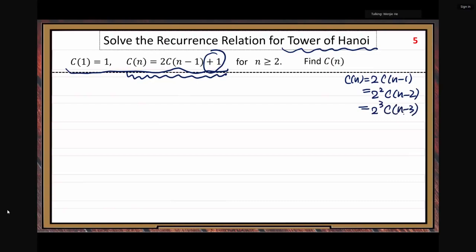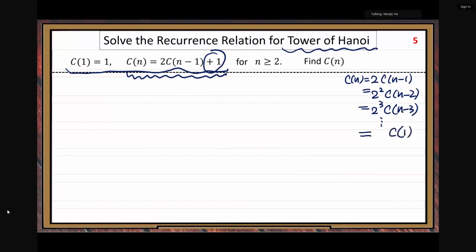Every time we multiply by 2, but we reduce the number inside the parentheses by 1. We increase the exponent of 2 by 1, and reduce by 1 inside. Then, for the last one, we want the C inside the parentheses to be 1.